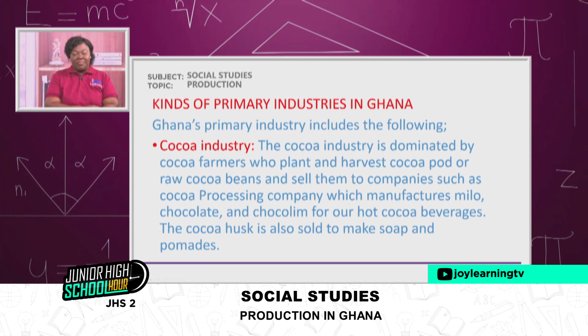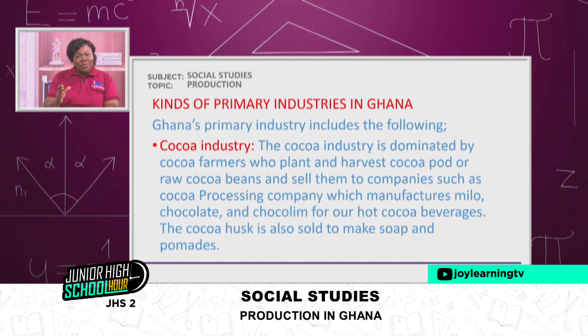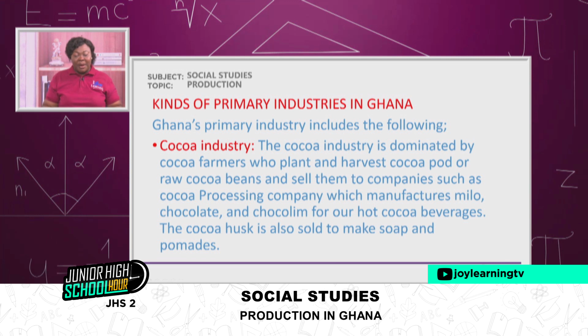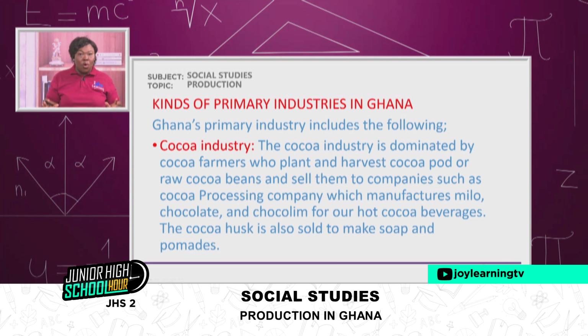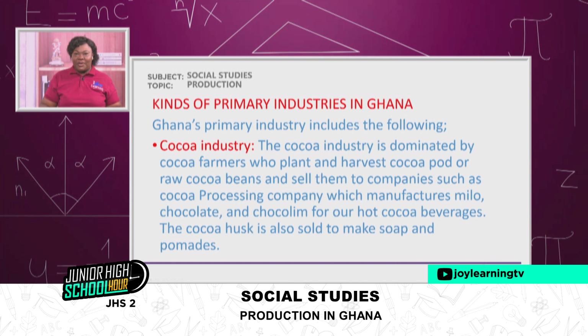Kinds of primary industries in Ghana. So we have the primary industry, but we have various kinds. So we are just going to touch on them. Ghana's primary industry includes the following. Cocoa industry, very key points.